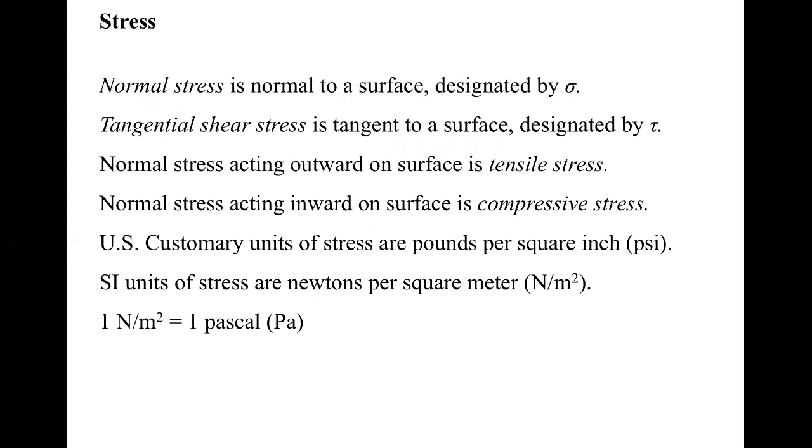We just learned stress from solid mechanics class. When you talk about stress, there are 2 types of stress. One is called normal stress, sigma. And the other one is tangential shear stress, which is tau. Normal stress is normal to the surface, and shear stress is tangent to the surface.